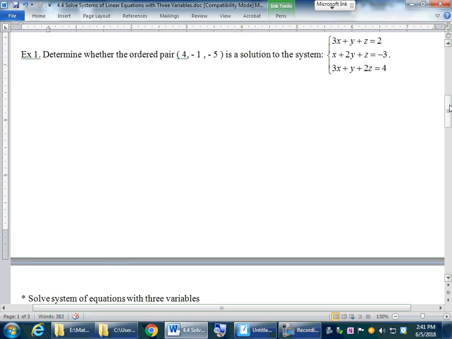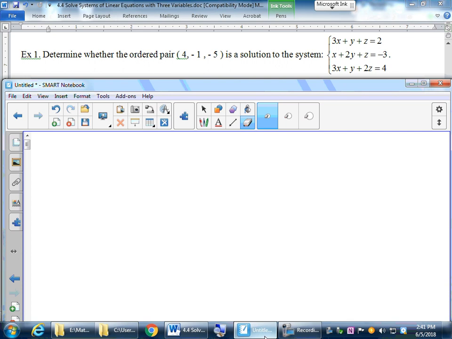So the first example is determining whether the ordered triple (4, -1, -5) is a solution or not. So we bring out the first equation, 3x plus y plus z equal to 2, and substitute the ordered triple.